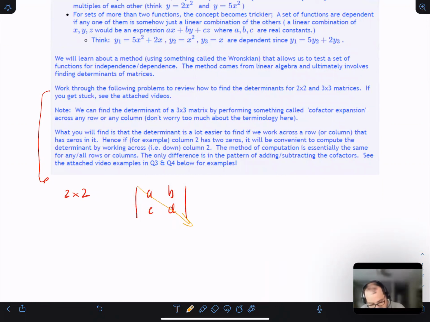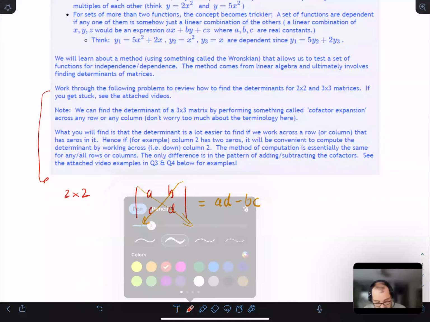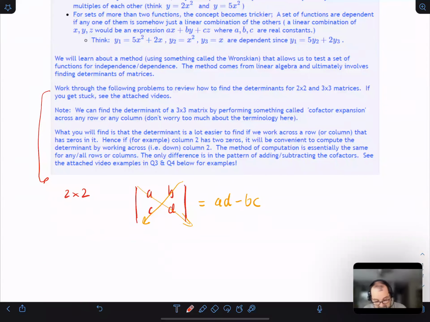So for a 2x2 matrix, this is your determinant. Also notationally, determinant is noted by absolute value bars around a matrix. It means to take the determinant. So that is a 2x2 matrix, and I imagine we've seen that before, but just a reminder.